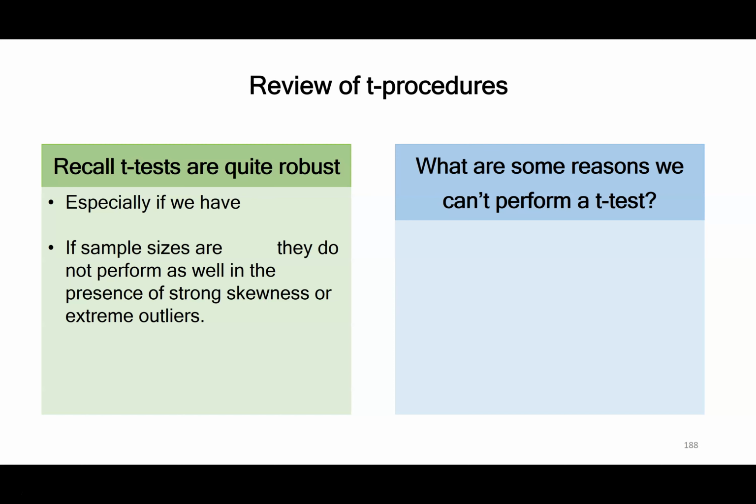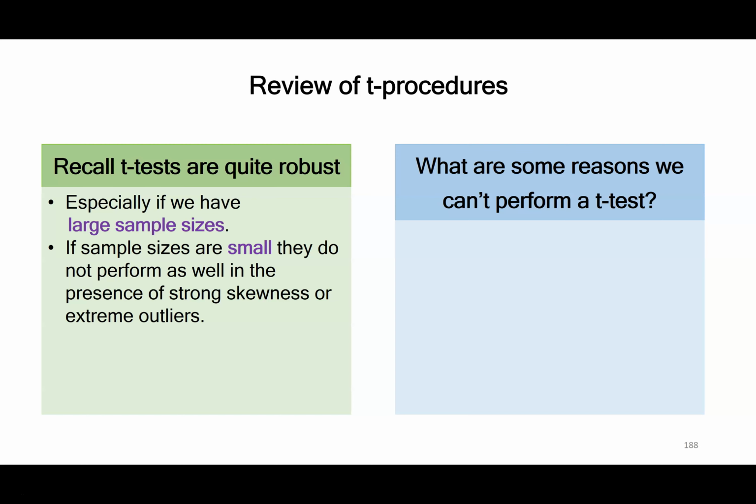Reviewing, remember, t-tests are usually quite robust. That means that even if we don't meet all the conditions perfectly, the procedures tend to do pretty well. This is especially true if we have really big sample sizes. But if they're small, they're not going to perform as well when we have really extreme outliers or extreme skewness. We're going to want a bigger sample size.